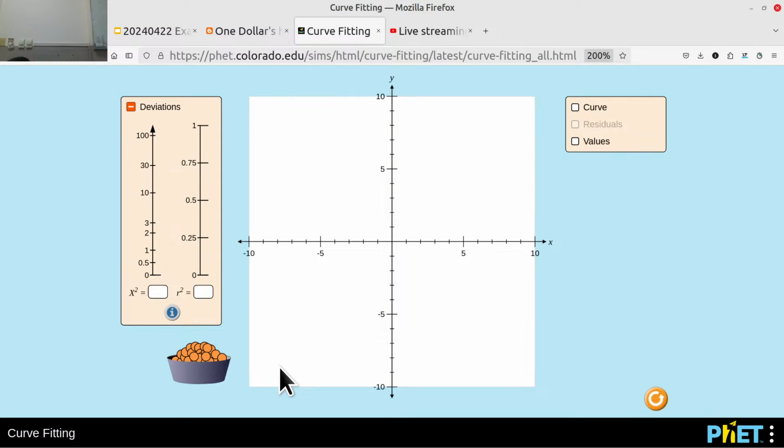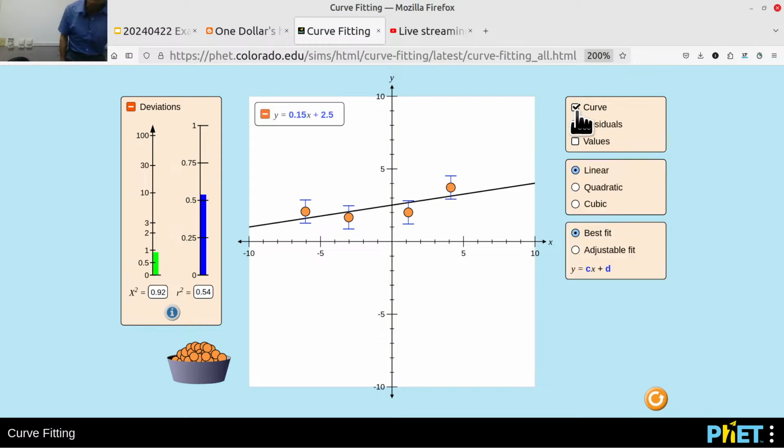Okay, how to do it? You can pick up balls from the bucket, place 1, pick up 2, pick up 3, pick up 4, then check the curve, check a value.